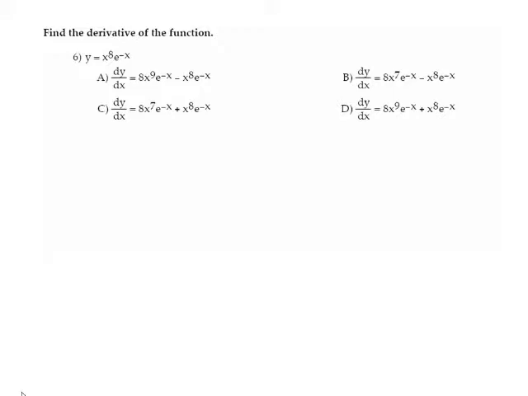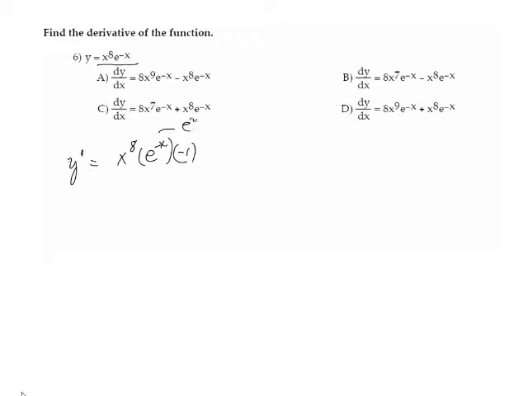Number 6 is take another derivative, and we need to use a product rule. So the derivative y prime would equal the first times the derivative of the second, which is e to the minus x times -1. Notice we had to use a chain rule.